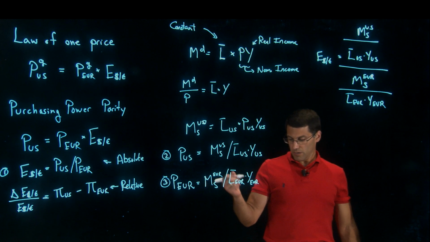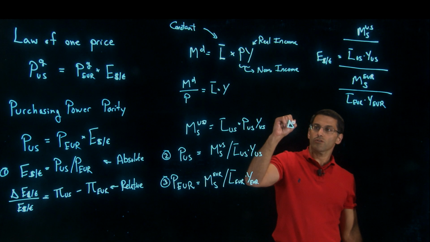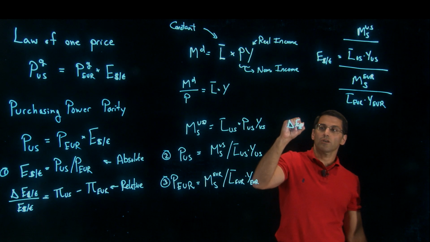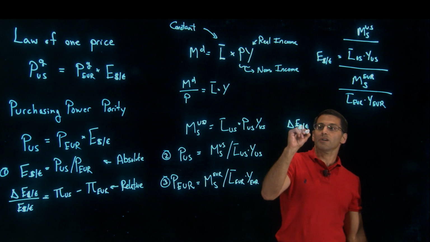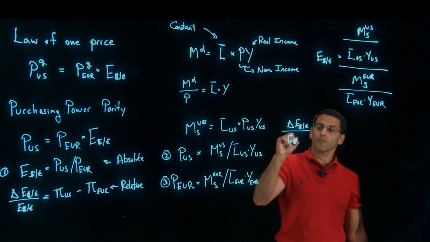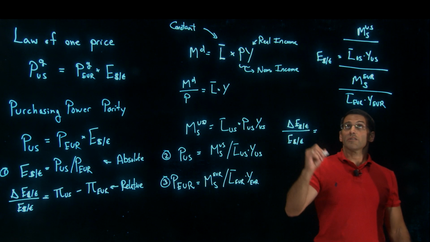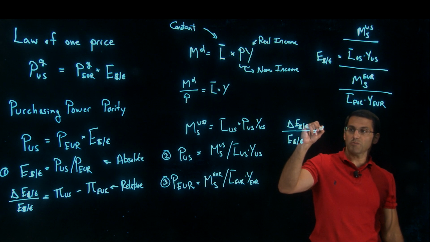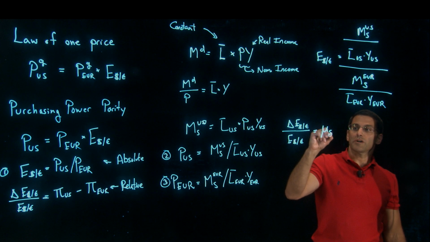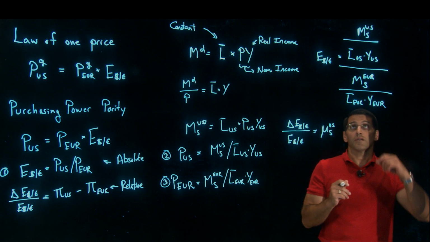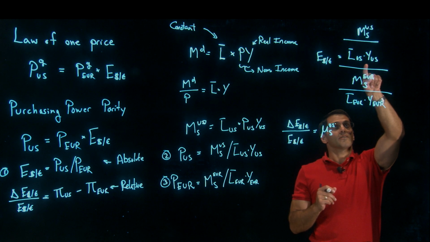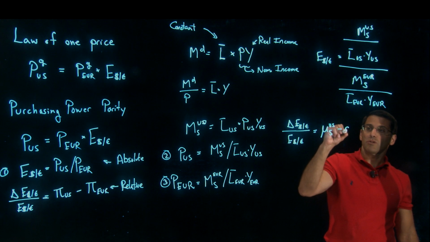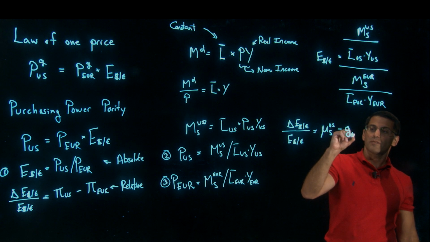So the percentage change in the exchange rate, which we can also term the growth rate of the exchange rate over time, is equal to the growth rate of the money supply, which we'll label as mu, in the US, minus, because it's in the denominator, the growth rate of output, which we'll label G, in the US.